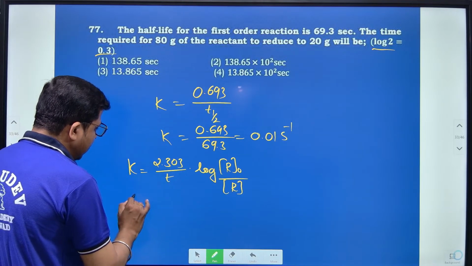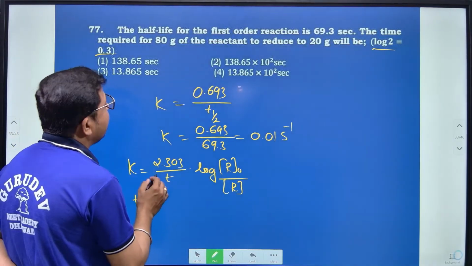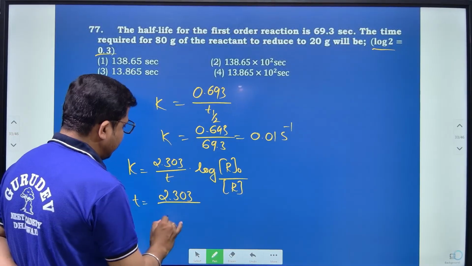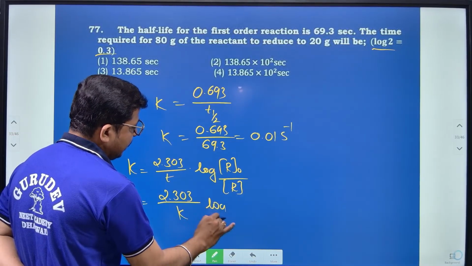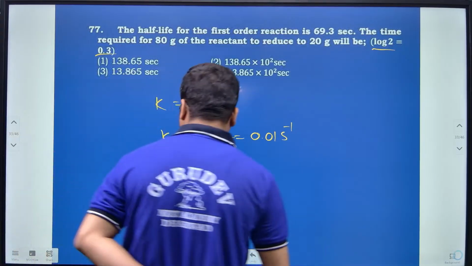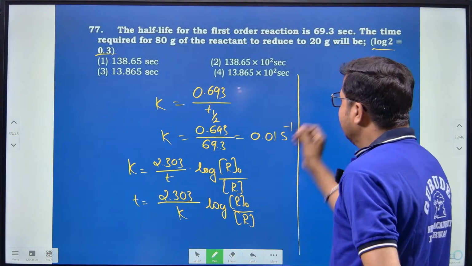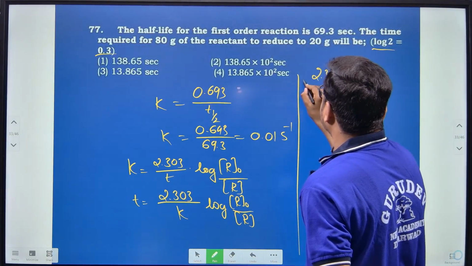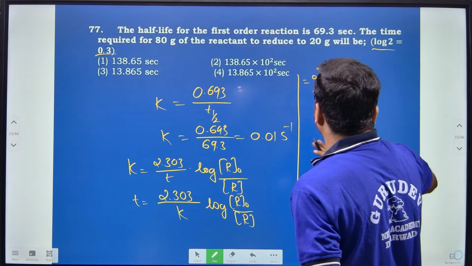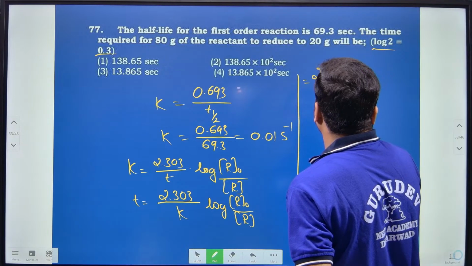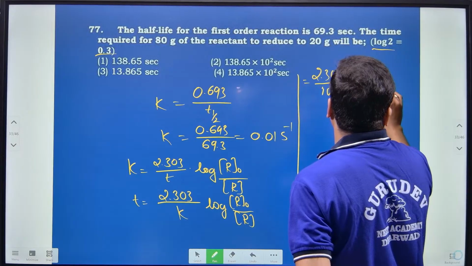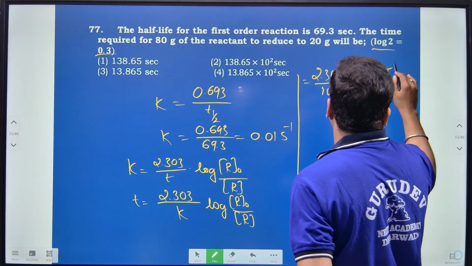T is equal to, we have to find the time, that is 2.303 divided by K into log of R naught divided by R. So, now substituting the values, 2.303 divided by 10 to the power minus 2 into log of 80 divided by 20.